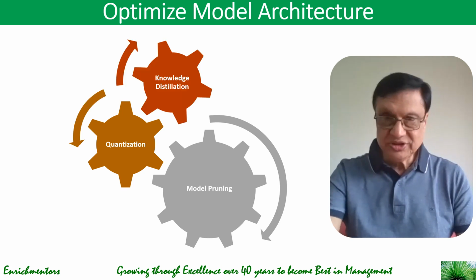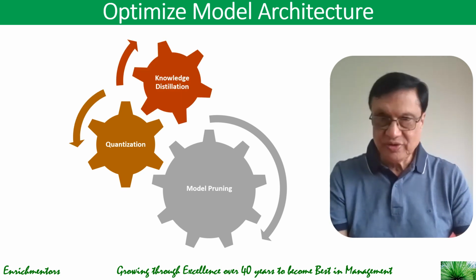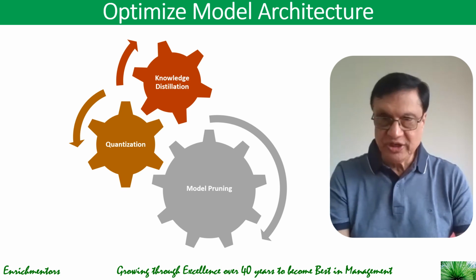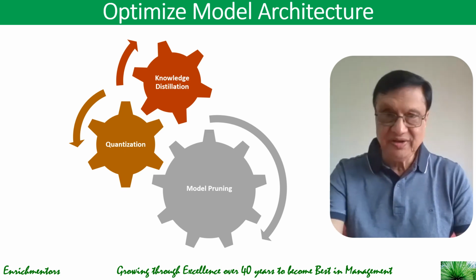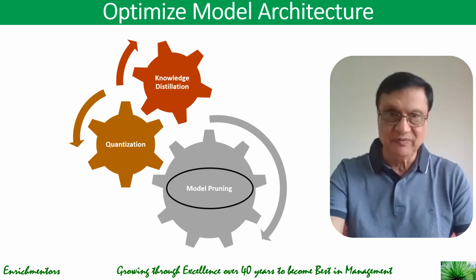Third thing you can do is knowledge distillation, in which you train a smaller model, a student model, to mimic the behavior of a larger and well-performing model, which is called a teacher model. This student model is more efficient while retaining similar performance. So these are the three ways to optimize model performance.